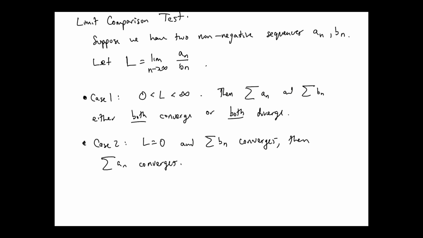The way to think about this is if that limit is 0, then in a sense the sequence B sub n ultra dominates the sequence A sub n. And if the B sub n series converges, then the A sub n series converging is perhaps not a huge surprise. Now I haven't proved this, but from an intuition standpoint, this seems reasonable.